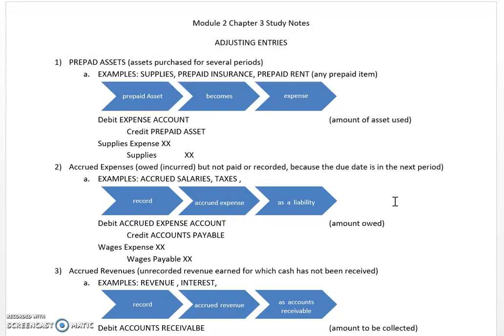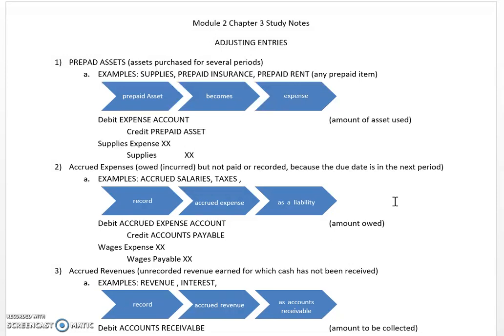However, this particular accounting period ends on Wednesday, so we're not going to pay them until Friday, which is the beginning of a new accounting period. So what we have to do is prepare an adjusting entry to indicate what we owe the employees on Wednesday the 31st, but we're not going to pay them until Friday the 2nd of the new month.